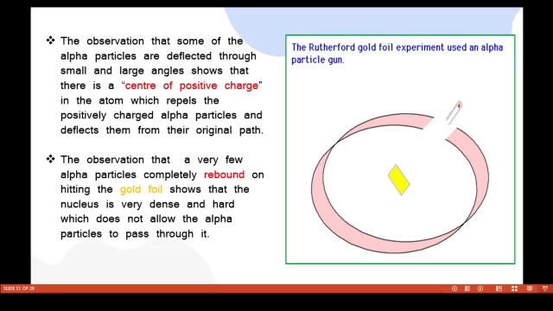So centrally having positive charge, only then will it repel the alpha particles. The observation that a very few alpha particles completely rebound on hitting the gold foil shows that the nucleus is very dense and hard. This is very important students, the nucleus is very dense and hard, which does not allow the alpha particles to pass through it.